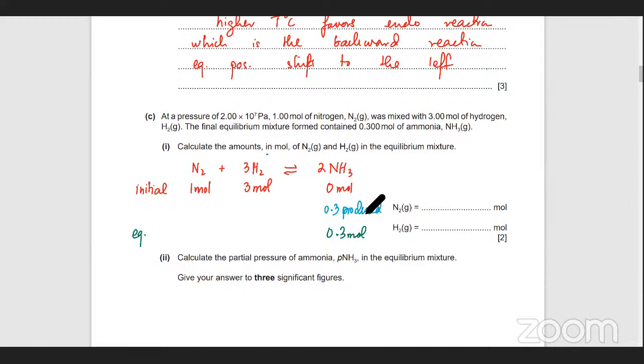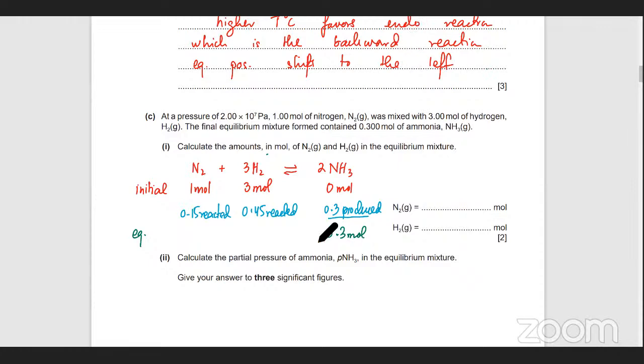So if 0.3 moles are getting produced, the ratio is 2:3, which means that according to the ratio, to produce 0.3, 0.45 of H2 must have reacted, and 0.15 of N2 must have reacted. Is this clear, Aiza, Rida, Heba? Shaz, yes, sir. Okay.